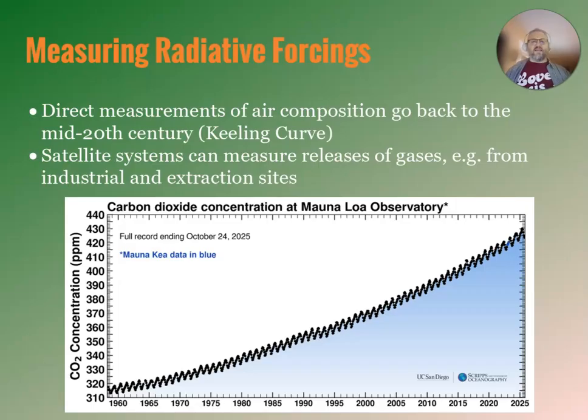The other thing you'll see from that diagram is that overall the trend line is pretty steadily upward. So from the late 1950s, when we get our first records, the CO2 concentration was around 315 or so parts per million.